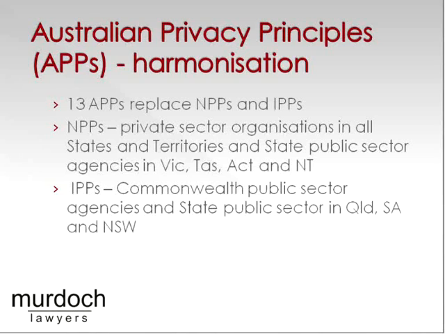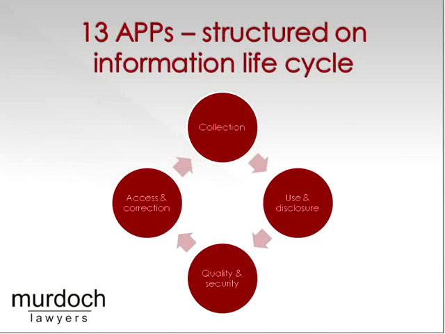So there's 13 Australian Privacy Principles, and for organisations they replace the National Privacy Principles. The idea behind the Australian Privacy Principles was to harmonise the Information Privacy Principles and the National Privacy Principles. The NPPs related to private sector organisations in all states, and the IPPs related to the Commonwealth agencies and some public sector agencies in Queensland.